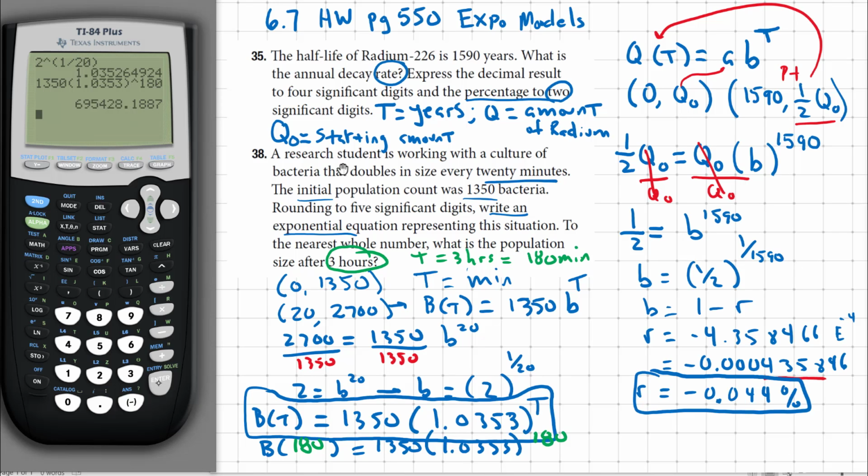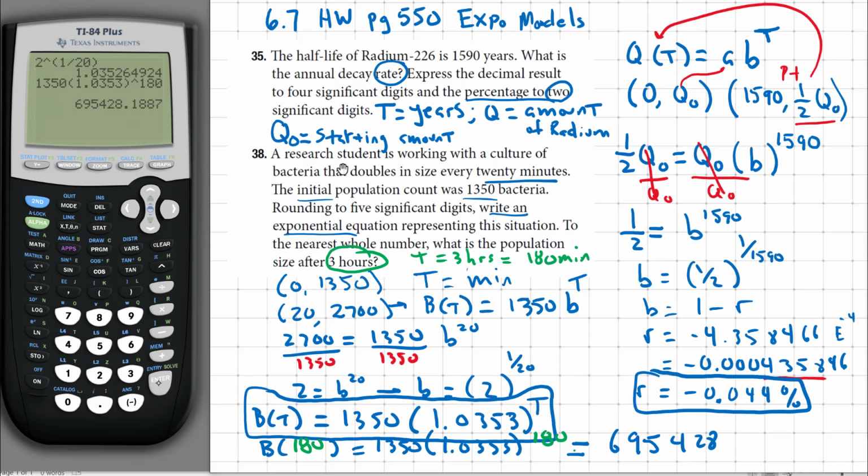All right, so we get this large number, 695,428 bacteria. So this bacteria is growing quite large now after 3 hours. I'm going to round it to a whole number of bacteria cells.